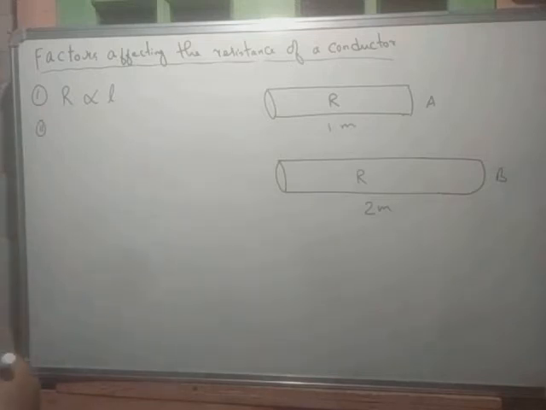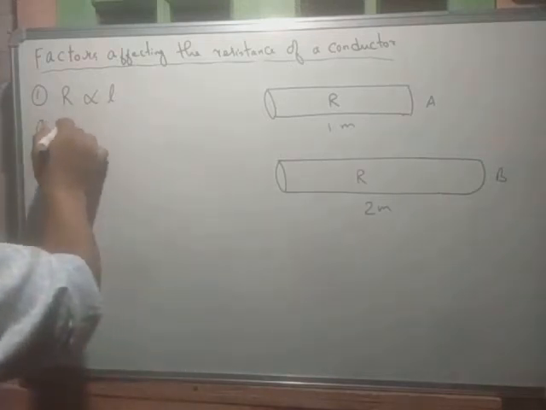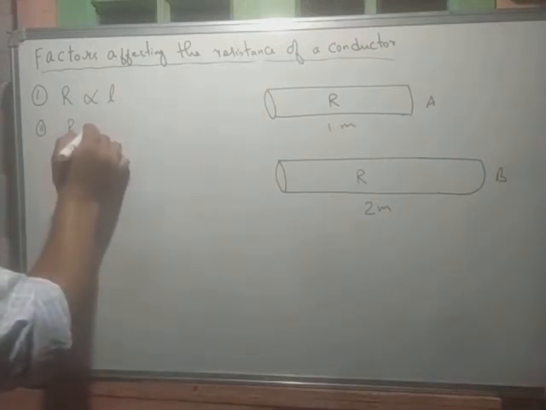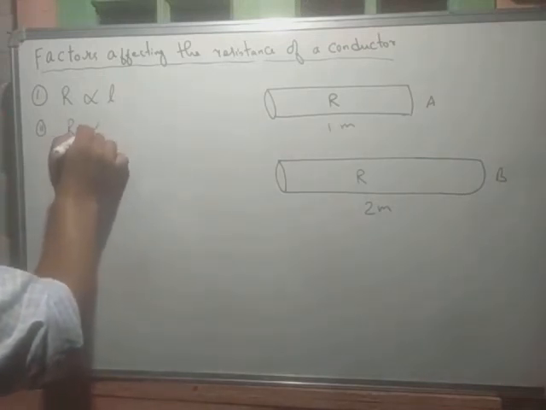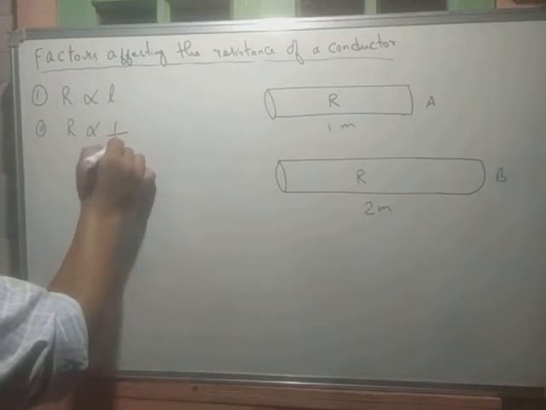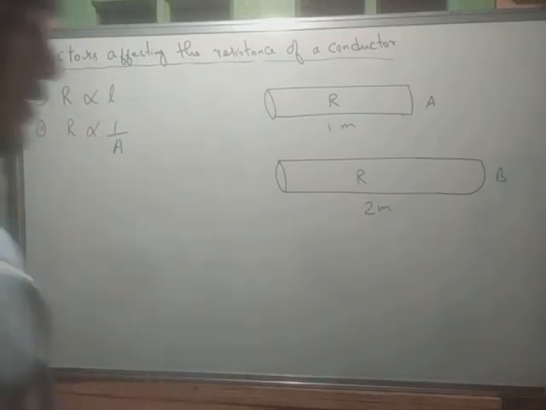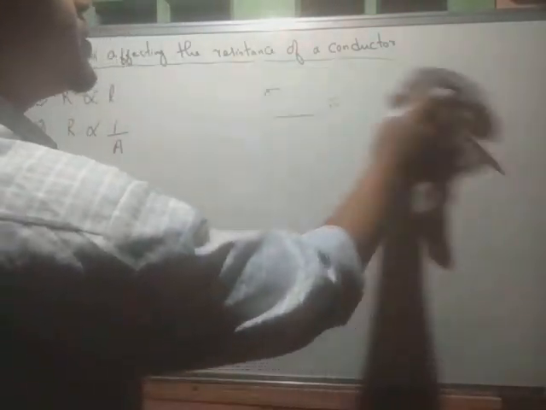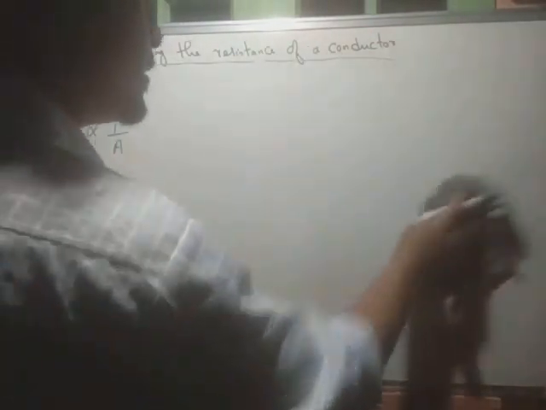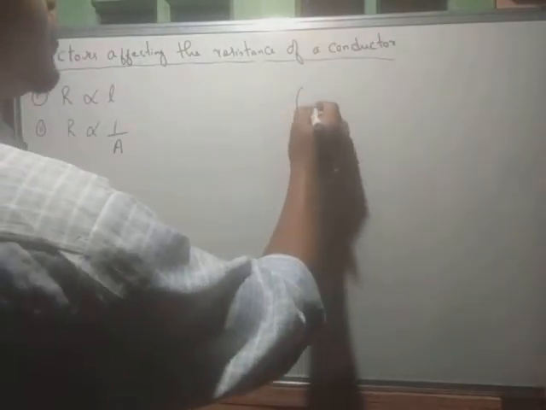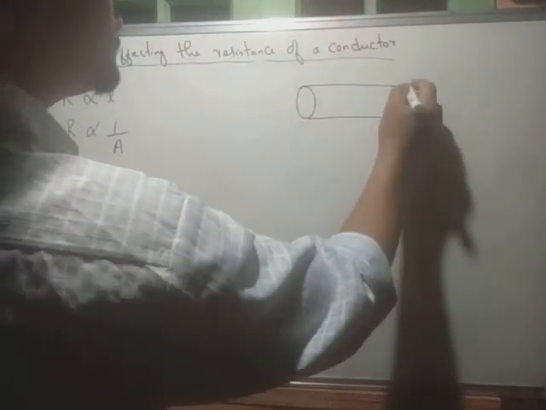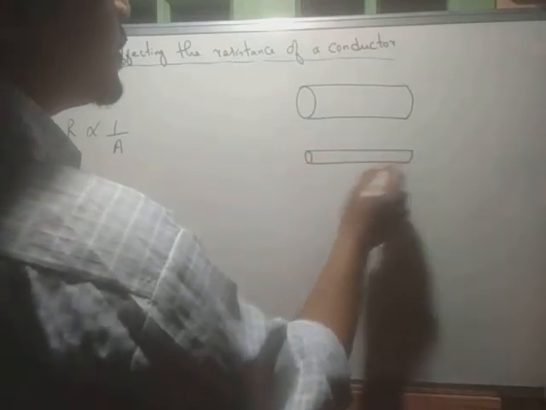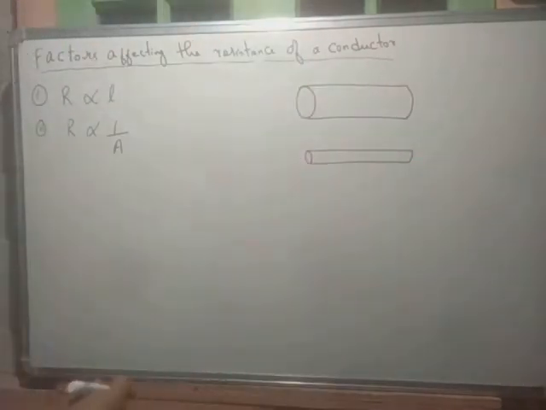Okay, the second factor that the resistance of a conductor depends upon is the area of cross section, and it has been found that this resistance R is inversely proportional to the area of cross section. So that means if I have two conductors of the same material, one is a thin conductor, another is a thick conductor.